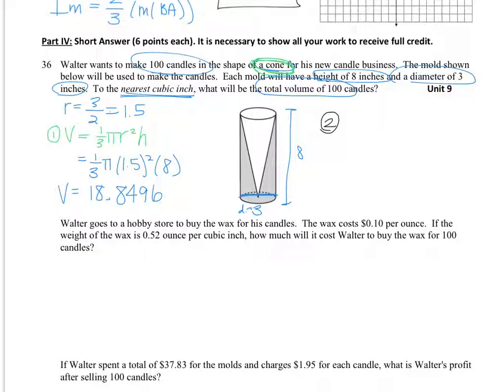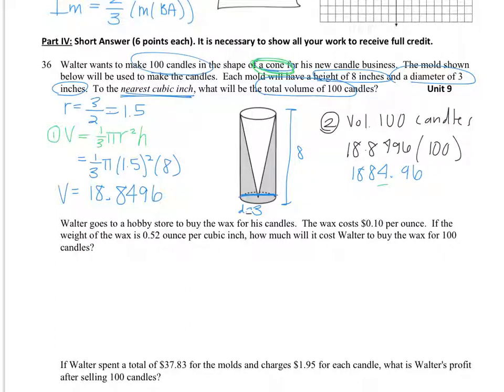So we need to just put rounding on pause for a second so that we can find out the total volume and then round. So volume of 100 candles means to just take your 18.8496 and multiply it by 100. Because each one has a volume of 18 point something, multiply it by 100 and you got your answer. 1884.96.